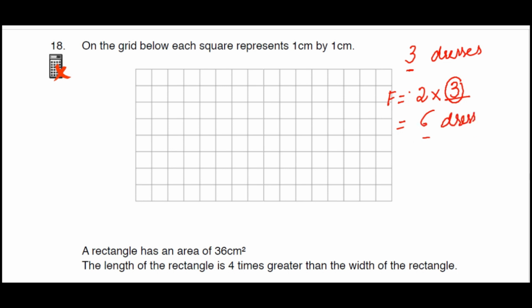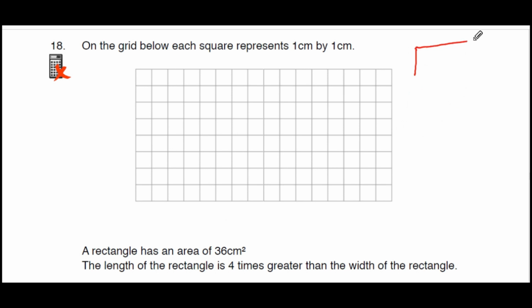Okay, all right. So now look at the question over here. You are given the area of a rectangle, that is 36 centimeters squared. We are not given the length and we are not given the width, but we are given some information, that is the length of the rectangle is 4 times greater than the width.